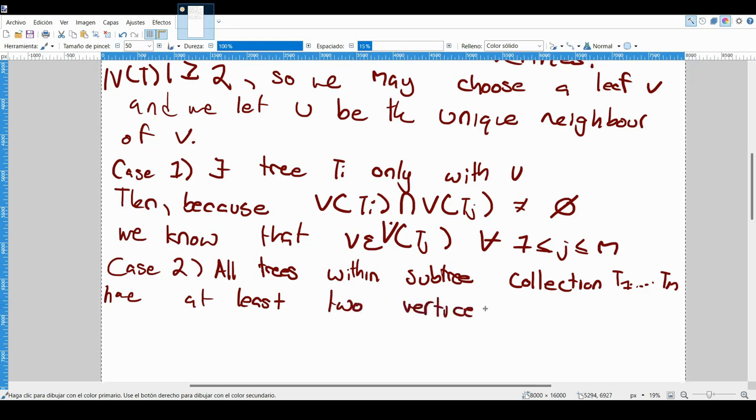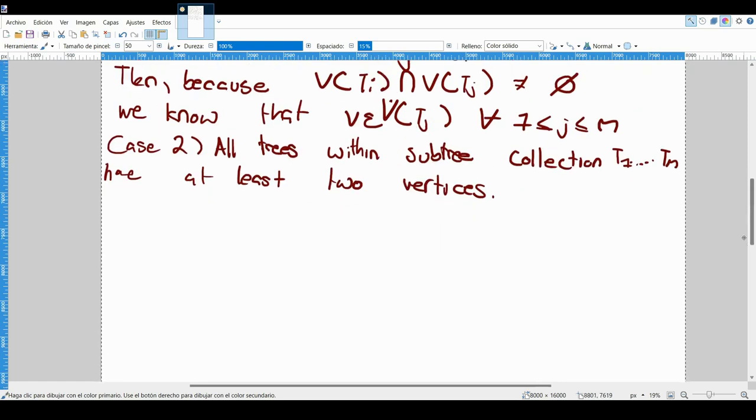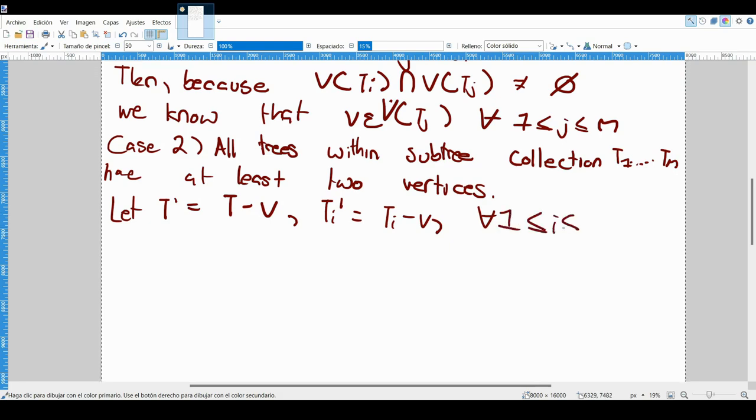Now, the most common thing to do in an induction proof with trees is to remove a leaf vertex, so that's what we're going to do. So we are going to define a new graph. We are going to let T prime equal T just without the leaf vertex, and additionally Ti prime, which is going to just equal Ti minus V for every i between 1 and m inclusive.